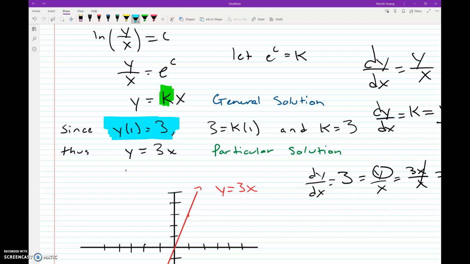So, since we know that our function that satisfies our differential equation, evaluated at 1, is 3, we can substitute those values into our general solution. And after doing the necessary work, we find that k is equal to 3. So that means our particular solution, so a solution that satisfies our differential equation as well as our initial value, would be y is equal to 3x.